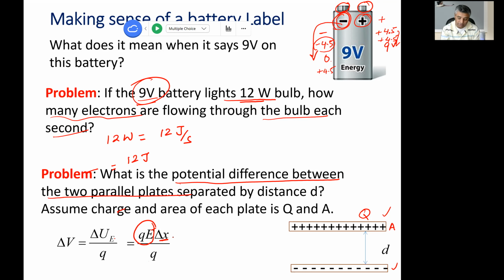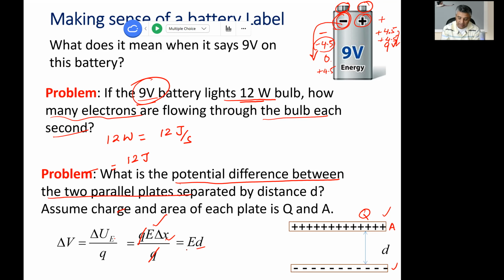And now, oh, there is field. Now we know field is, in this kind of situation, Q over epsilon naught times A. So we can use that. Before we use that, we can cancel that, and E and delta X is just D, okay?